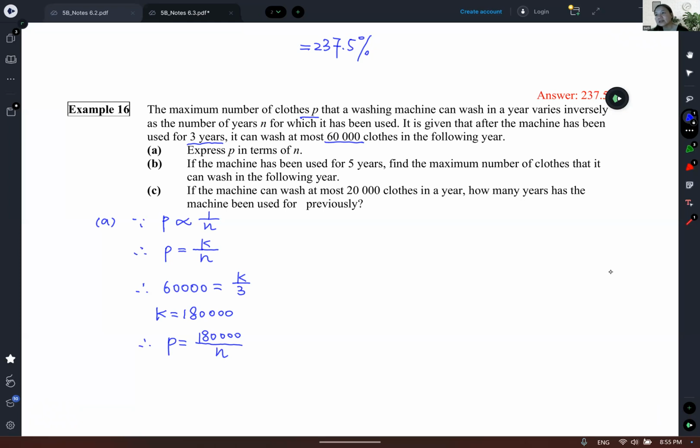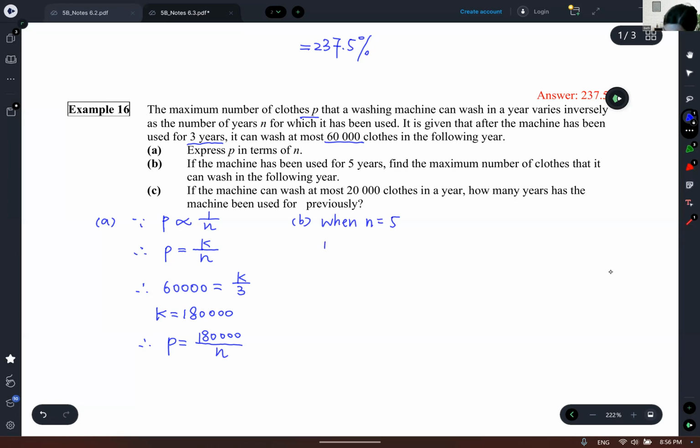Part B, if the machine has been used for 5 years, what is the maximum number that can be washed next year? So when N equals 5, P equals 180,000 divided by 5, and that is 36,000.